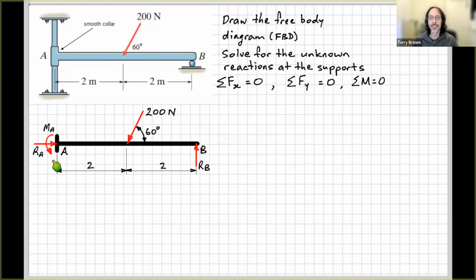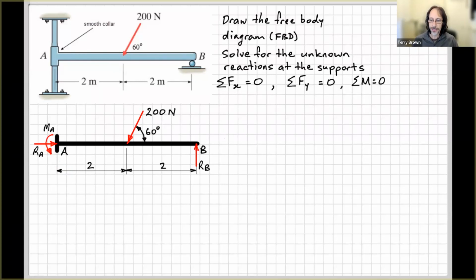So normally we take anti-clockwise as positive, or you might look at this force here and think, okay, this force is acting downwards, so I think it might be going to go anti-clockwise. Doesn't matter if you get it wrong at this point. Your equations and algebra will tell you whether it is actually anti-clockwise or clockwise. All right, so that's now our complete free body diagram.